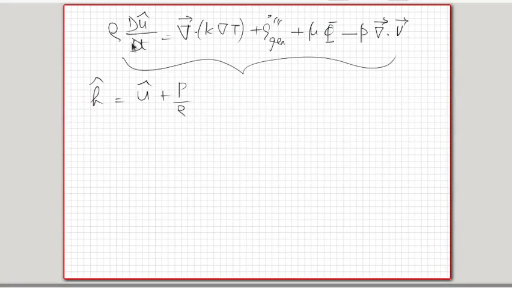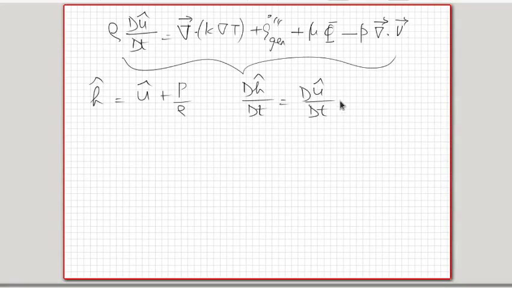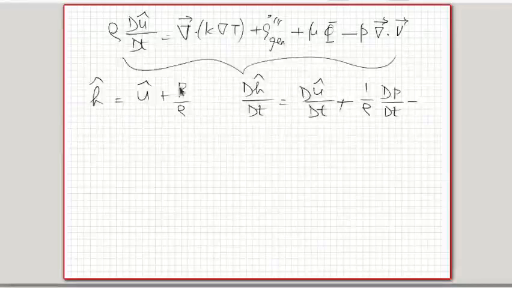So if I take the total derivative, I get dH by dt is equal to du by dt plus P by rho. It will be 1 by rho dP by dt minus, so this P would remain here and 1 by rho would become minus 1 by rho square d rho by dt.